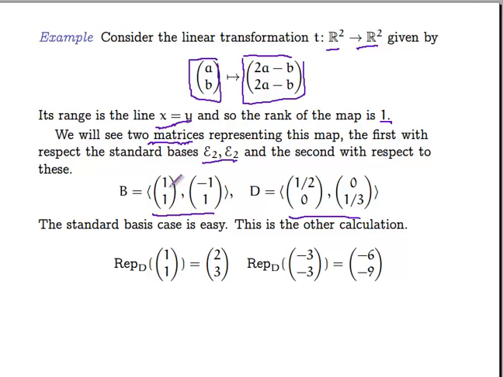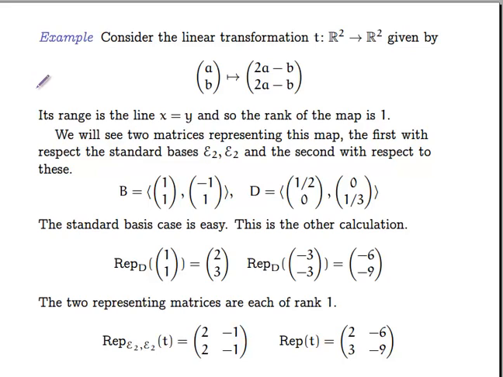Now since we're looking at the mapping from the domain to the codomain, this calculation comes about here because we need to find the representation with respect to the D basis of the images of these basis vectors. So we need to find rep D of H of (1, 1). Now what's H of (1, 1)? If we take in (1, 1), it's going to go to 2 minus 1, which is 1, and 2 minus 1, which is 1.